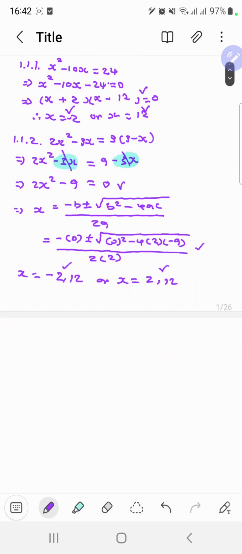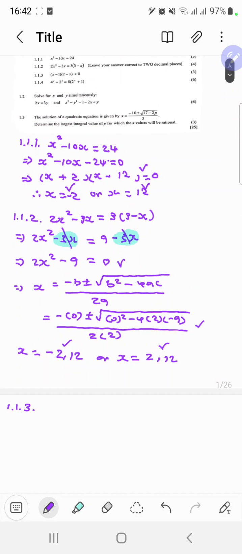Okay, let's keep moving. So we have 1.1.3. So what do we have for 1.1.3? It is our lovely quadratic inequality. It's already nicely factorized, so this makes our life a little bit easier.